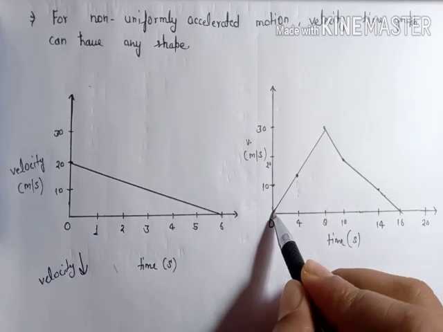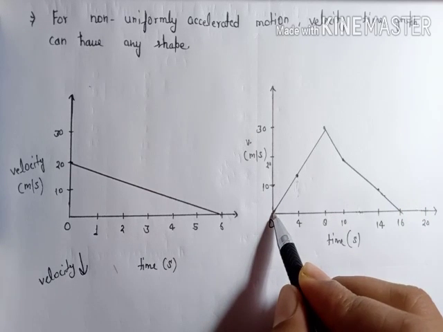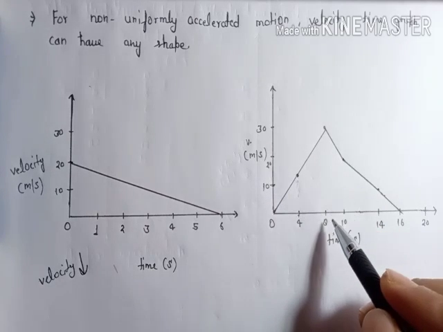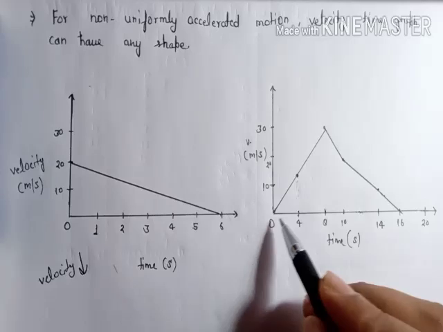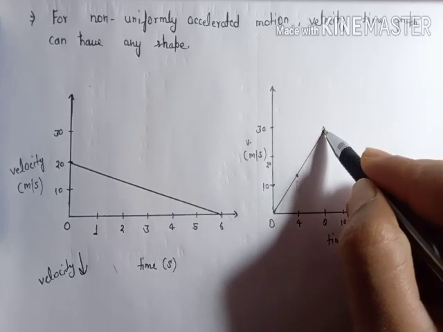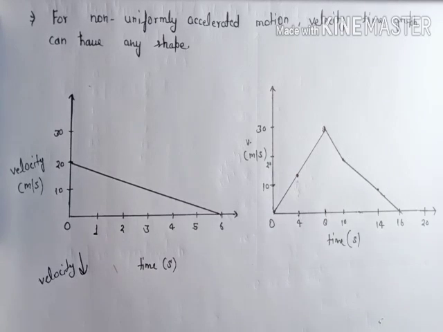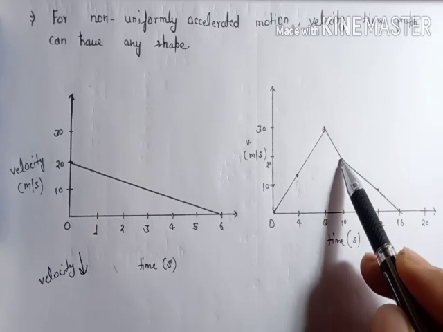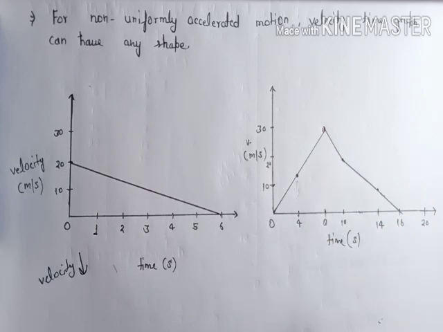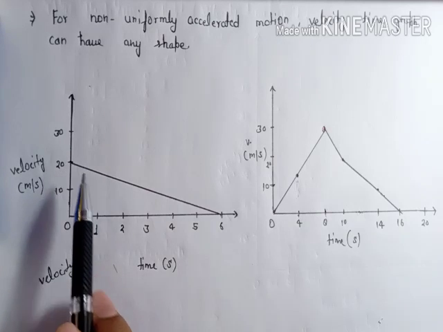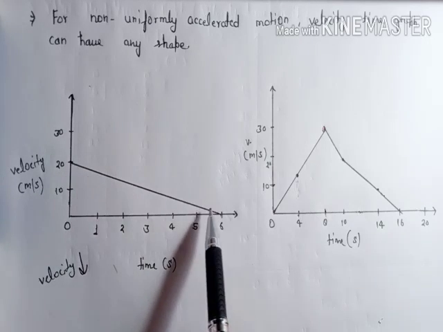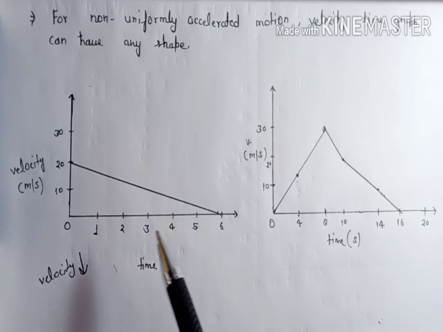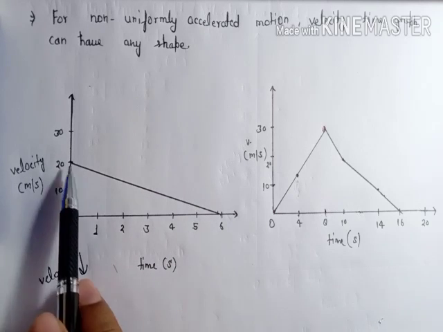And if you see here, in the initial stage velocity is 0 in this graph, and with respect to time velocity is increasing, and for this 8-second period velocity continuously increased. Now after 8 seconds it starts decreasing, and you can see one thing here, this line is straight, it means there is uniform acceleration which is of negative type, so uniform deceleration.